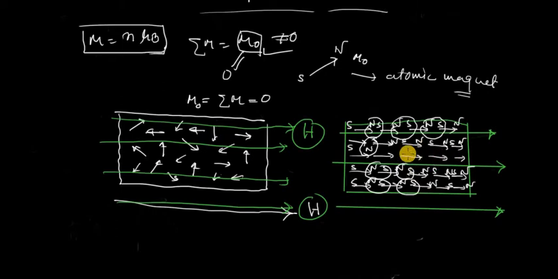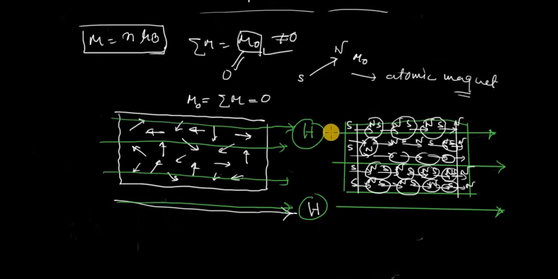So N's and S's cancel each other in pairs. Only one side of the material has an S pole and the other side has an N pole.